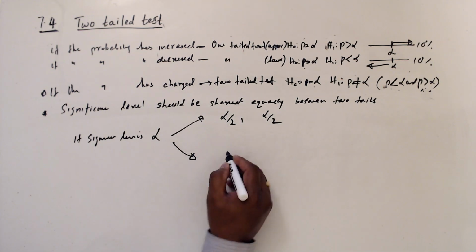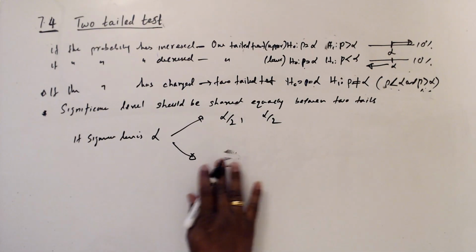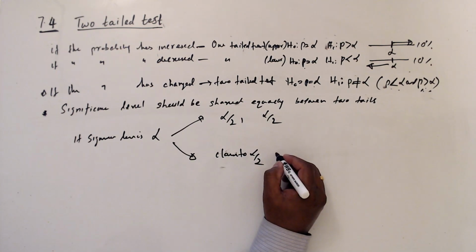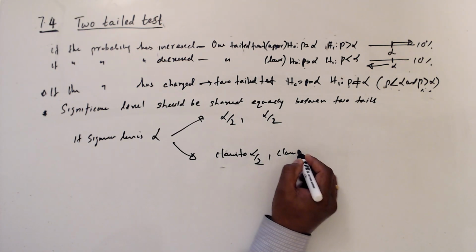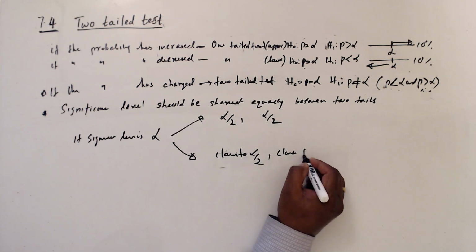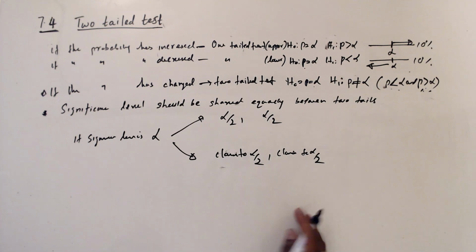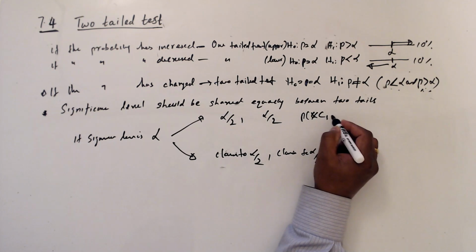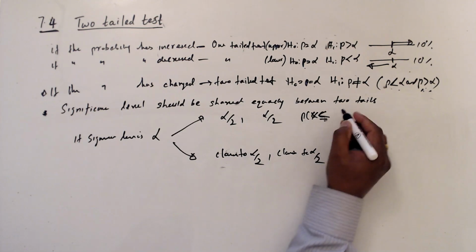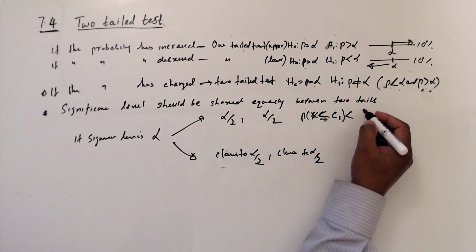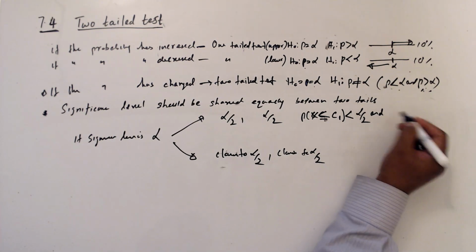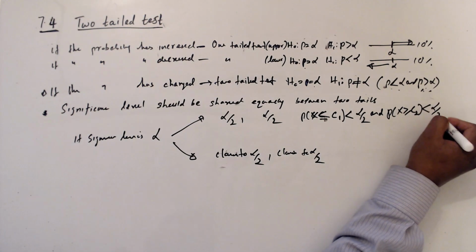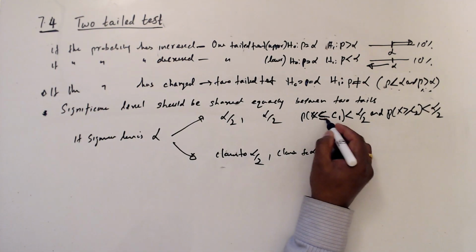So for the critical range, assume the probability of X less than or equal to C1, where C1 is the critical value, is less than alpha by 2, and the probability of X greater than or equal to C2, the critical value, is less than alpha by 2.